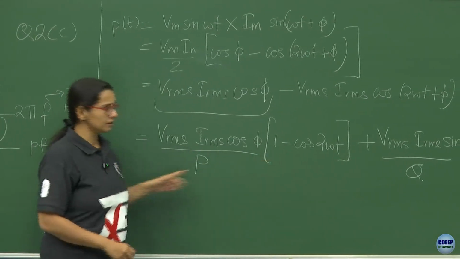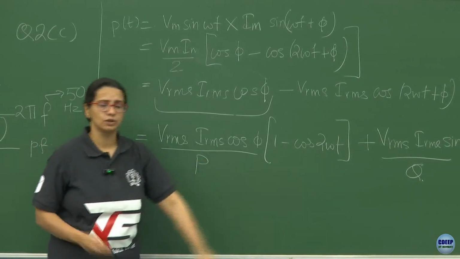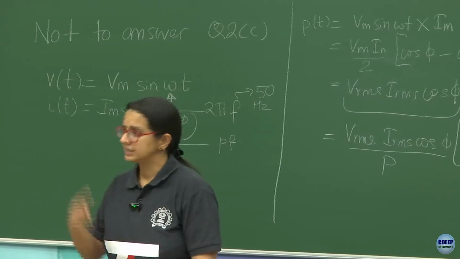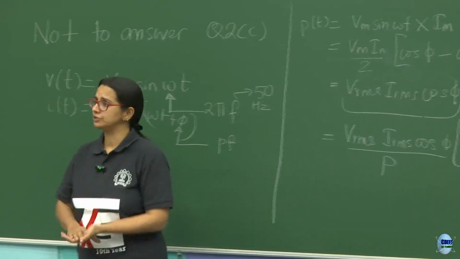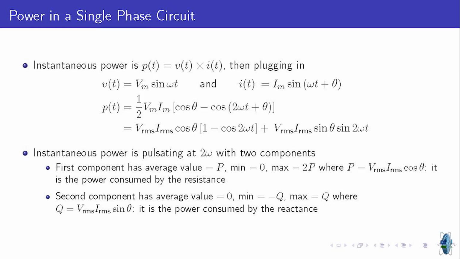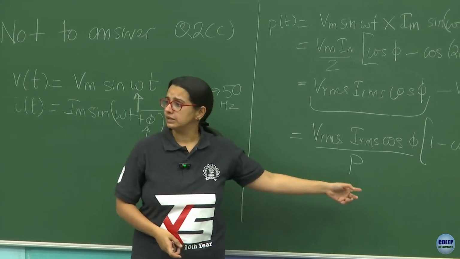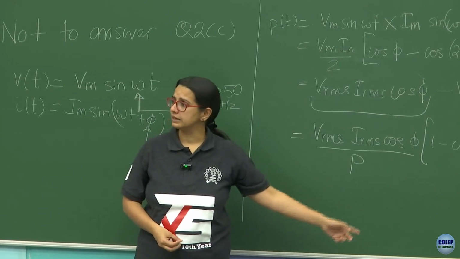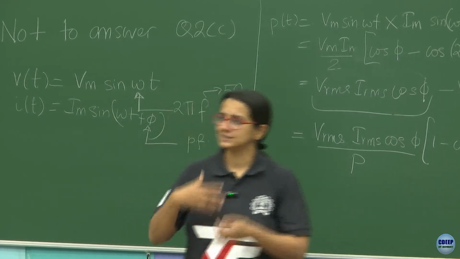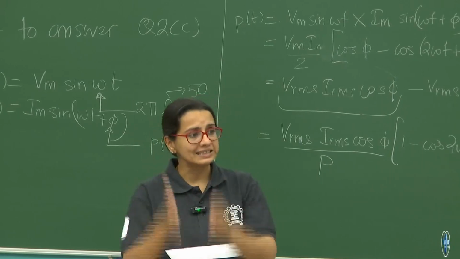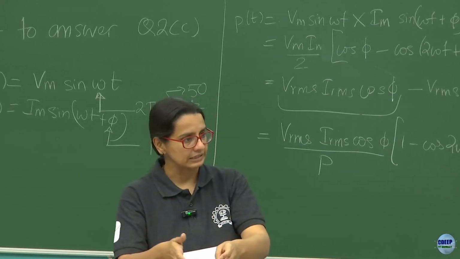This particular waveform that you see here, what is it? The double frequency power component you see here, what is it? It is something that's oscillating at double frequency, and it has a non-zero average. Its average is in fact the active power, correct? You could think of it as the component of power that is being fed to the resistive part of your circuit.